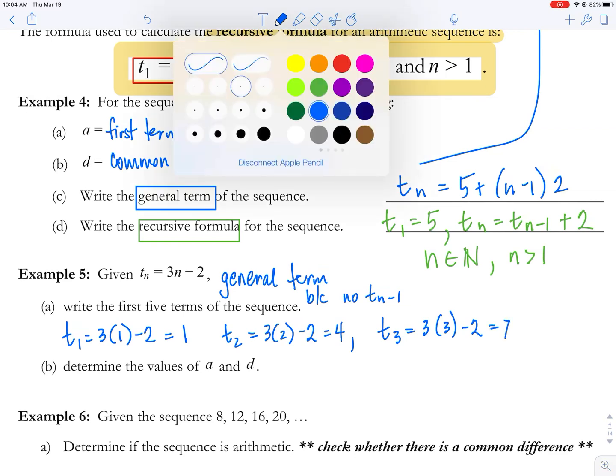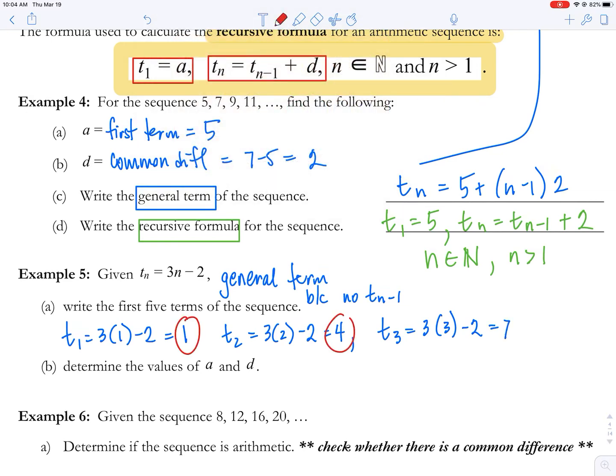So if we take a look at what our first 3 terms are, they're 1, 4, 7. Each time they're stepping up by 3. So I could use the formula again, or I could say T4 is going to be 7 plus 3, which is 10, and T5 is going to be 10 plus 3, which is 13.